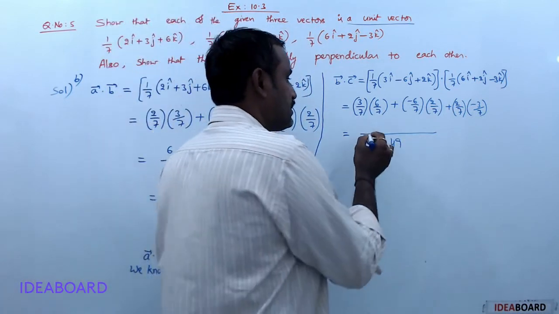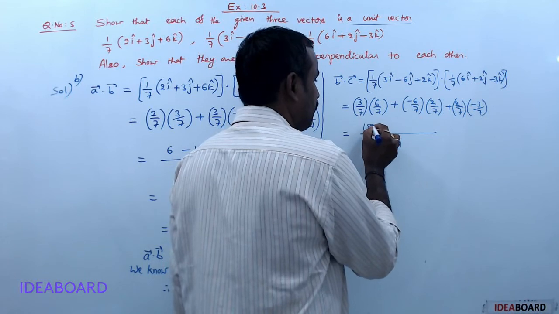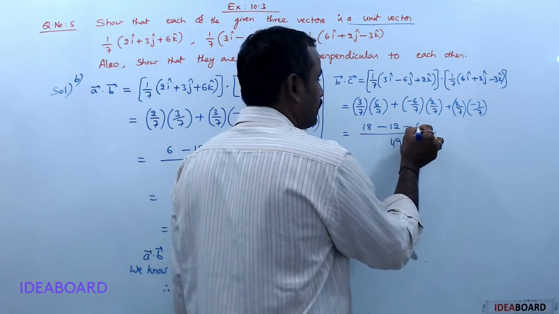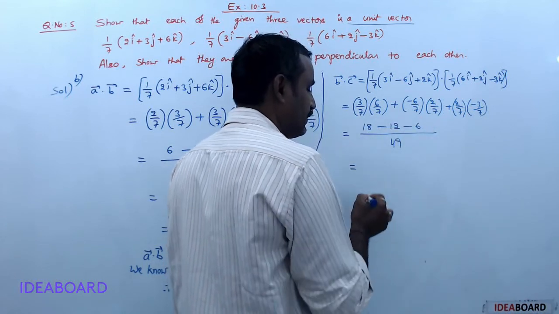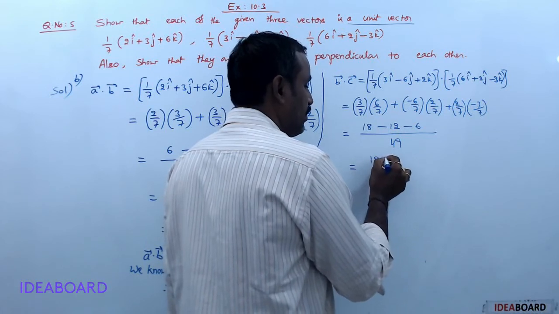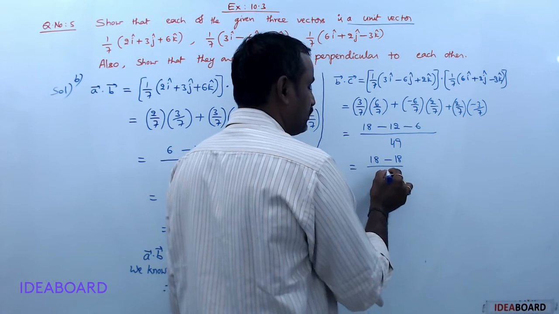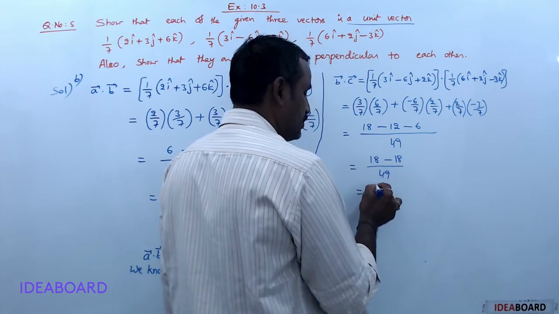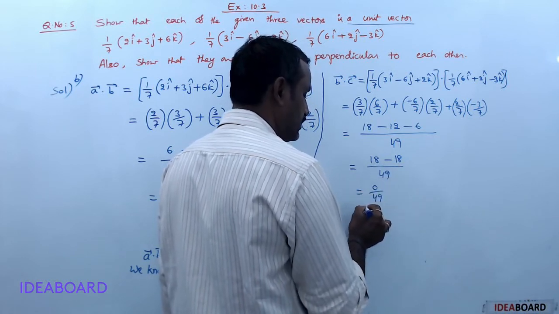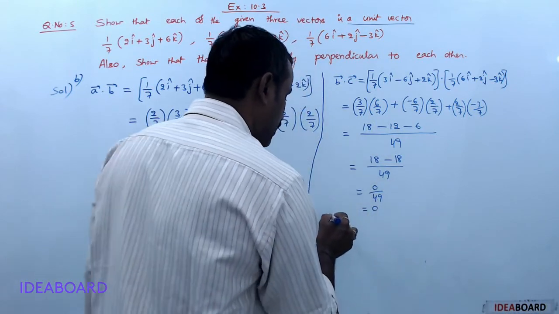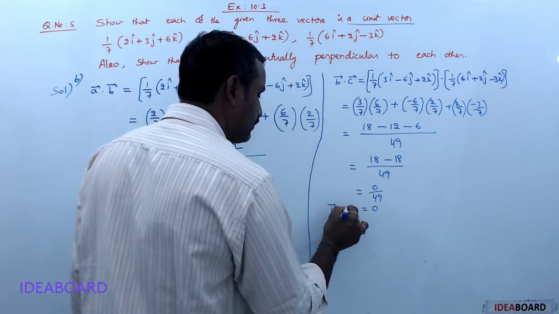Now the numerator values you can add: 3 6s are 18, minus 12, minus 6. So minus 12 minus 6 is minus 18 by 49, and this value is equal to 0 by 49. So now B bar dot C bar value is 0.